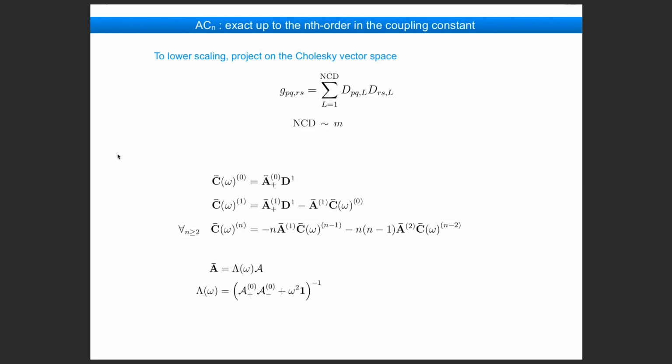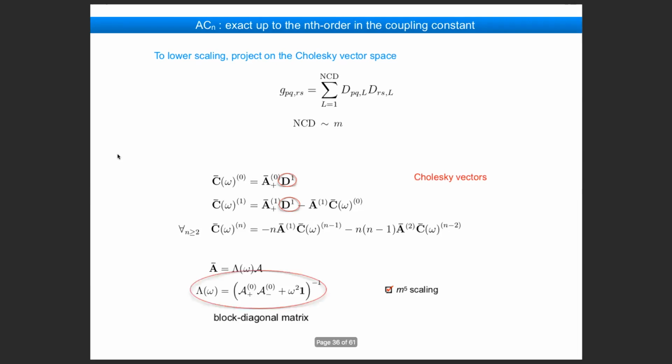And to lower the cost to n to 5, what you had to do, naturally, is to multiply the right-hand sides of the equations by Cholesky vectors. So then you lower the dimensionality of the matrices. And the most expensive matrix multiplications scale with the 5th power of the number of basis functions.